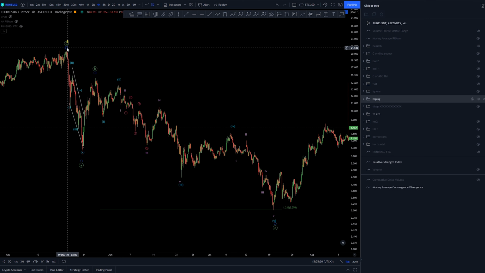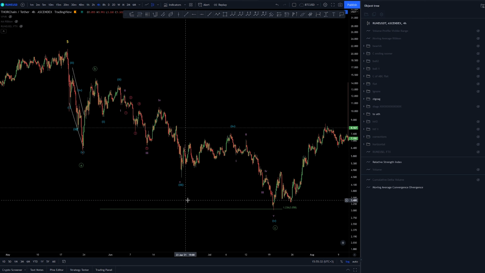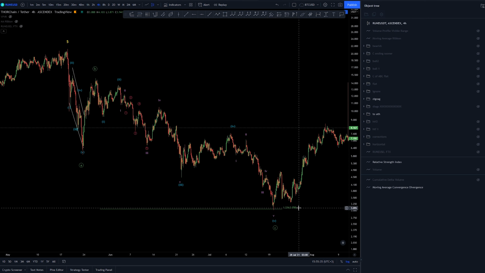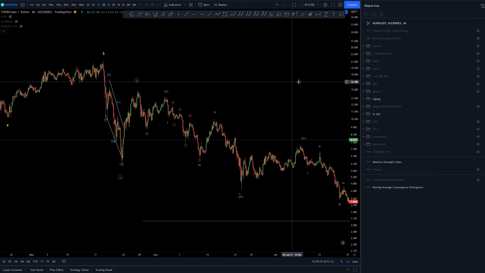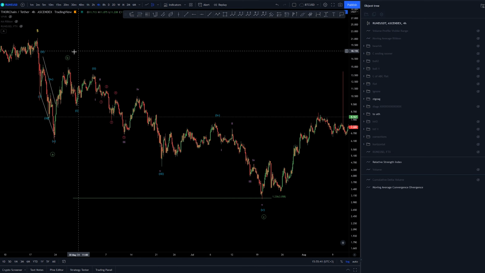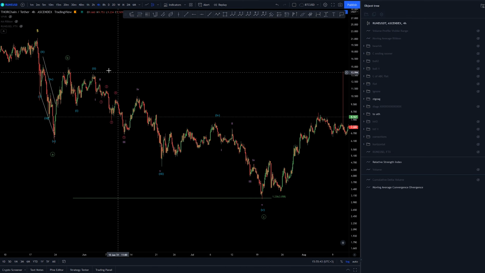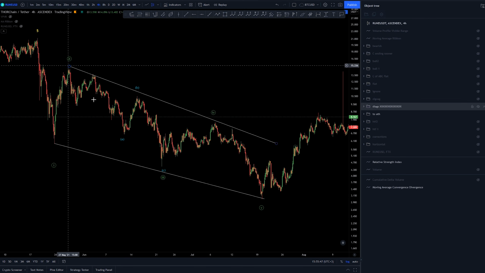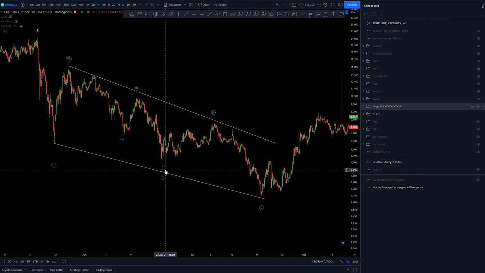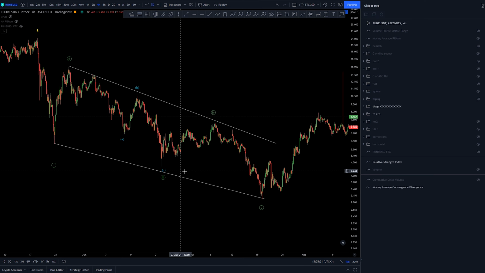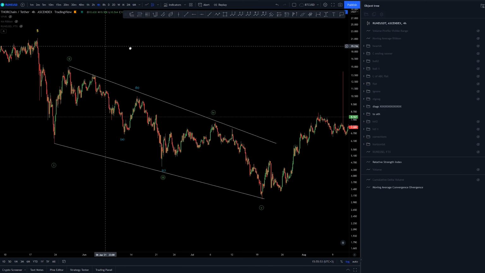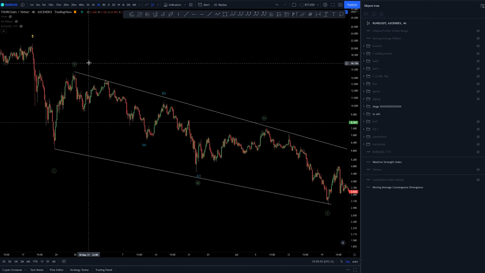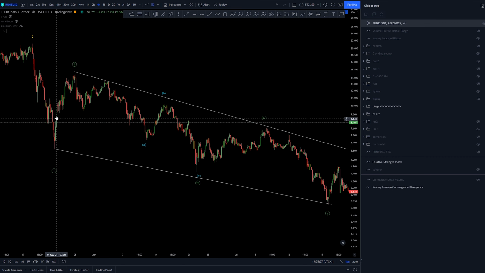So again, overall, ABC, C is hitting the 1.236 extension very well, and here was the issue that we had, or I had, with the diagonal. The diagonal says that this should be 3 waves, while this part here looks like it is 5 waves.